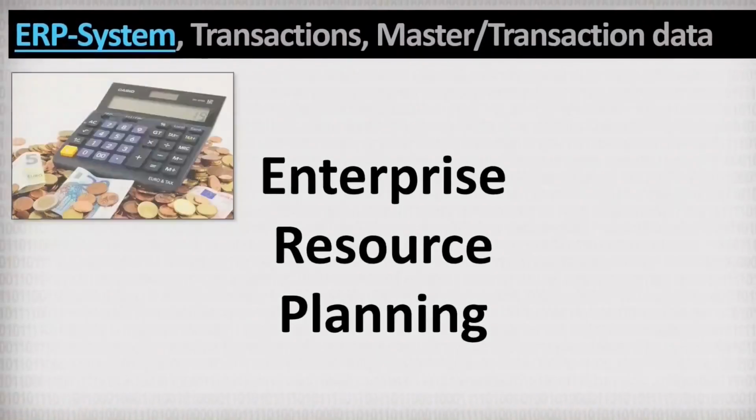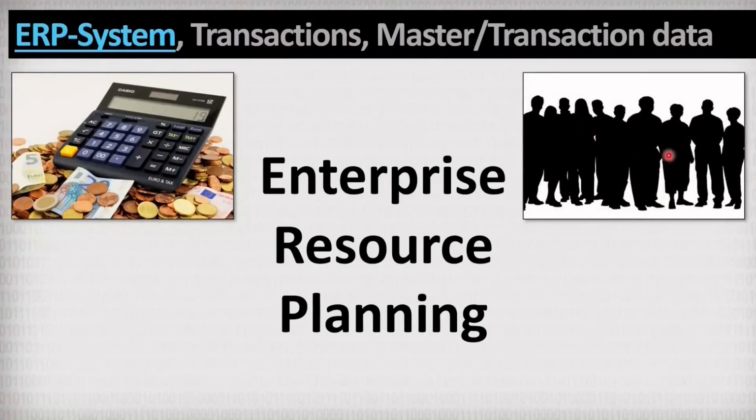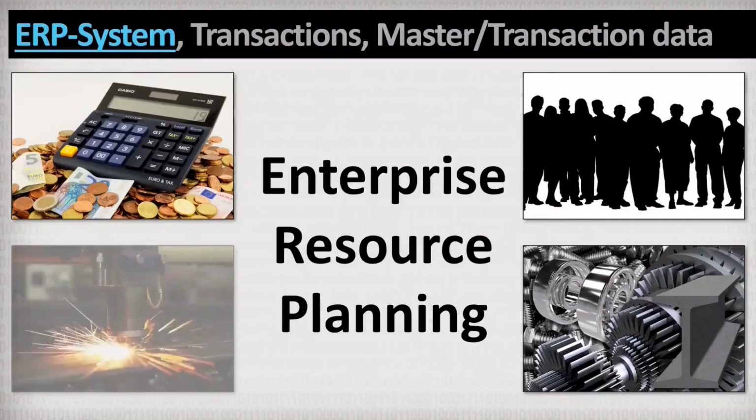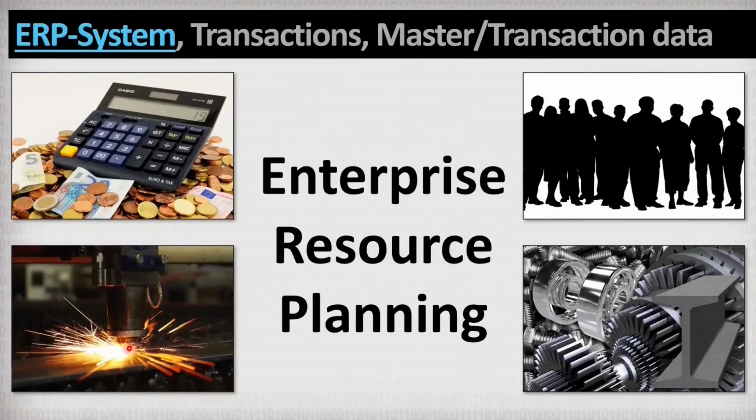For example, finances that are spent and received, persons such as customers, suppliers, and employees, or material such as products that are produced or raw materials that are needed for that production, or even machines that are necessary for value creation.